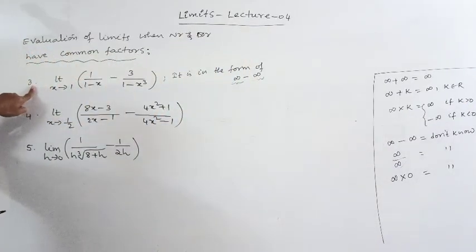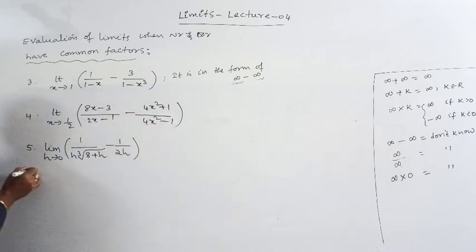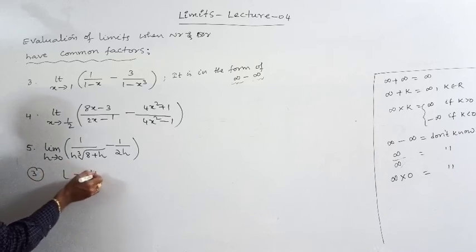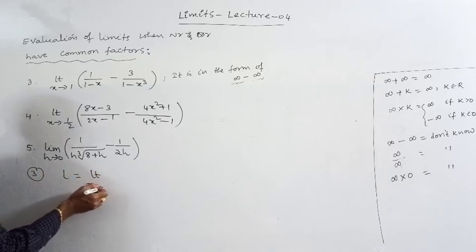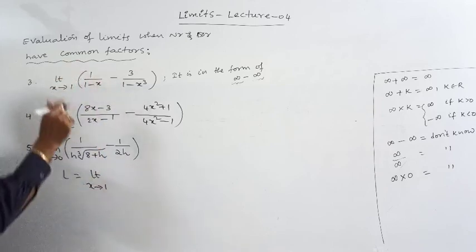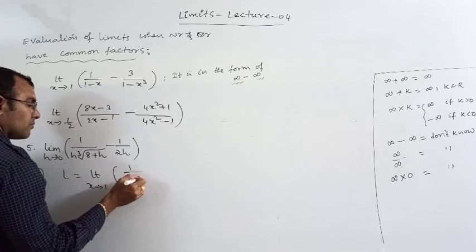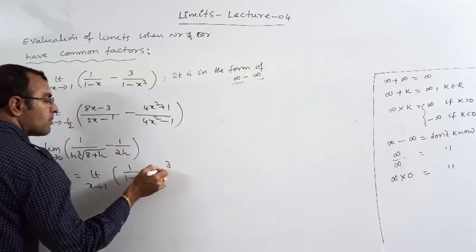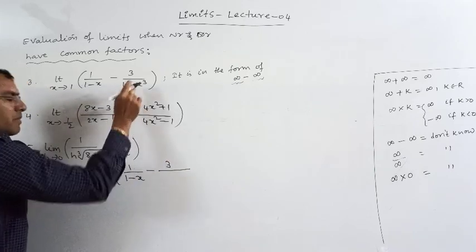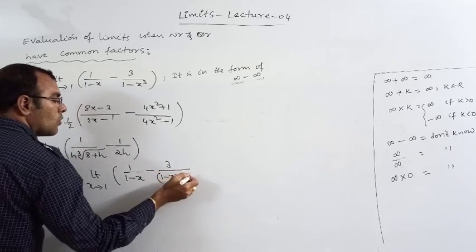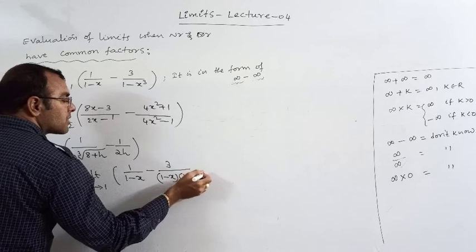Now come to the third question. L equal to limit x tends to 1. The point is here we have to take LCM. Apply here a cube minus b cube, 1 minus x into 1 plus x plus x square.